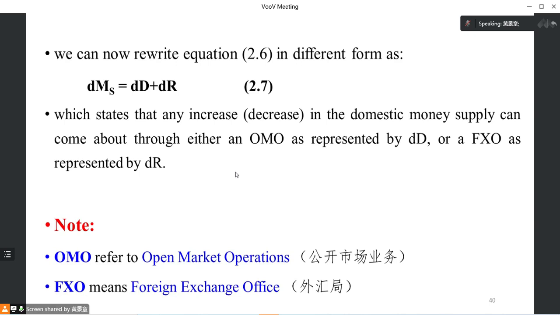Let's see the explanation of OMO. Let's see the note. OMO refers to open market operations. This definition can be explained in macroeconomics.